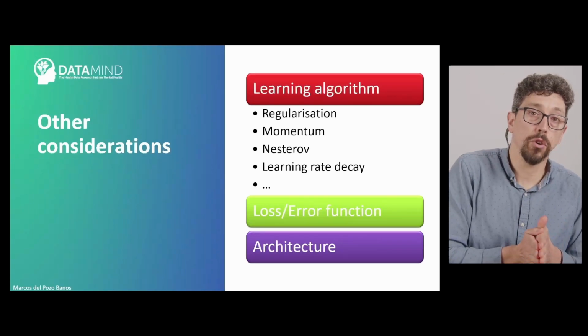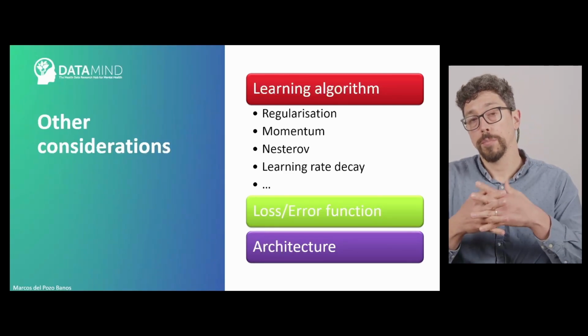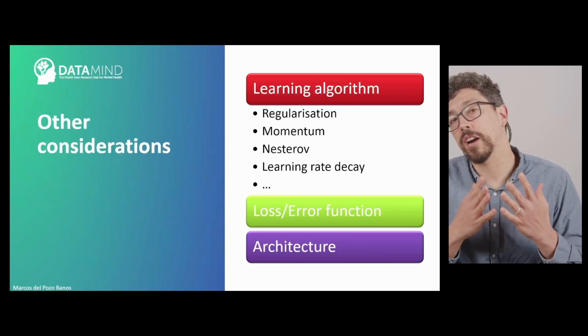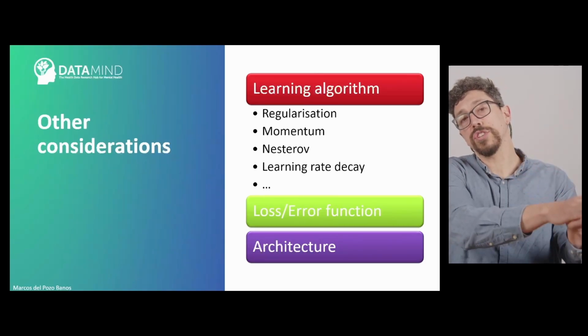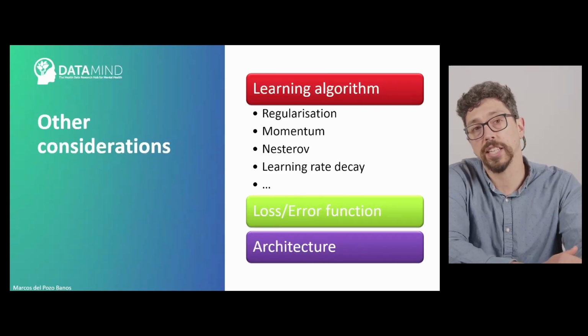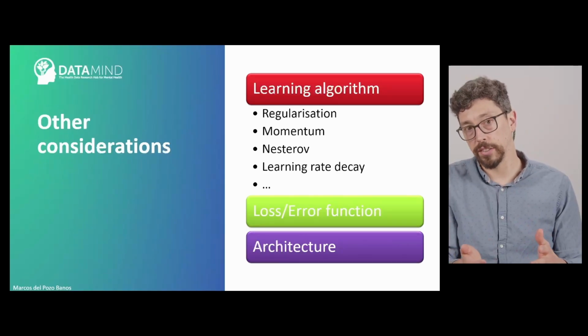We need to decide also what loss or what error function we want to use, because this will also yield different results. And then we need to decide the architecture. So the artificial neural network that I presented is the typical fully connected feed-forward artificial neural network, but there are different architectures.